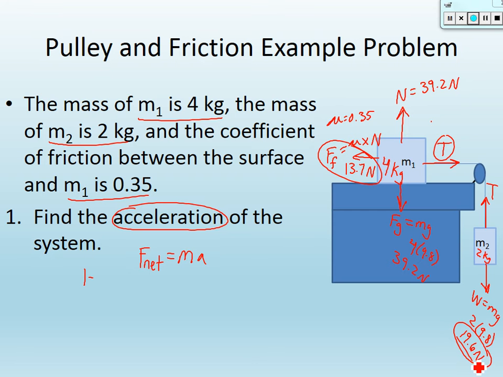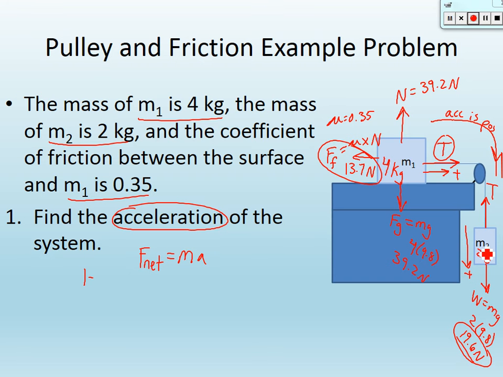Because this is a larger number, there's a net force that's pointing down here. So it's going to go like this. I want you to draw in that arrow here and put acceleration is positive. That tells us our sign notation. Everything on M1 that goes to the right is positive. Everything on M2 that goes down is also positive.